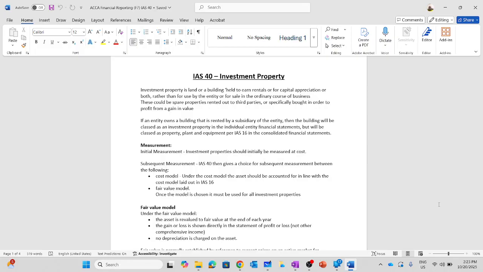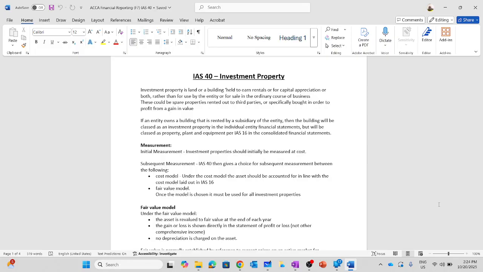It is used in the normal course of the business. So in that regard, we are going to classify that particular land or building as property, plant, and equipment as per IAS 16.